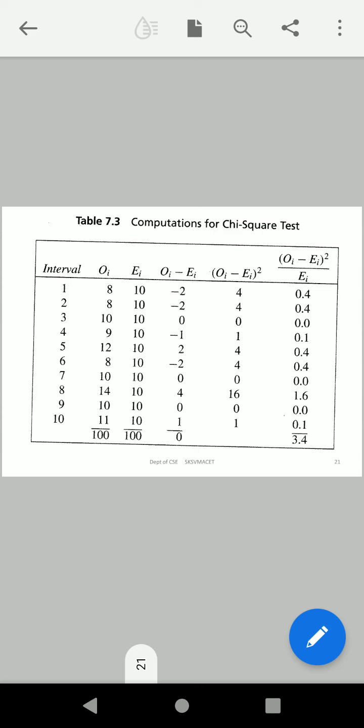Then (O_i − E_i)² / E_i, the fifth column divided by the third column, gives these values: 0.4, 0.4, 0.0, 0.1, 0.4, 0.4, 0, 1.6, 0.1. If you sum all the values of the last column, you will get 3.4. That is the manually calculated value.